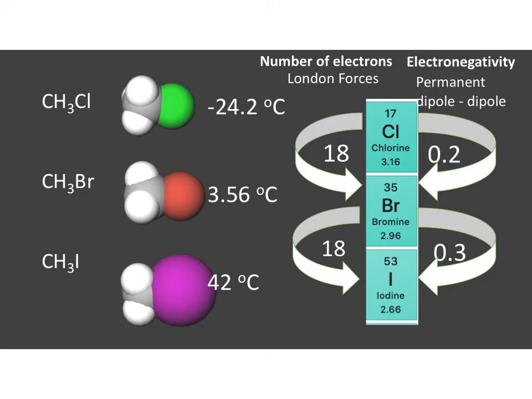And you can see that electronegativity decreases. The difference between chlorine and bromine is 0.2 and bromine and iodine is 0.3. So, as the boiling point increases, which suggests, of course, intermolecular forces are increasing, our number of electrons are increasing, but our electronegativity difference between carbon and the halogen is decreasing.